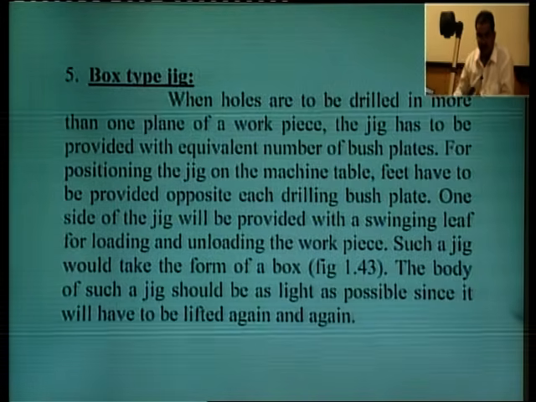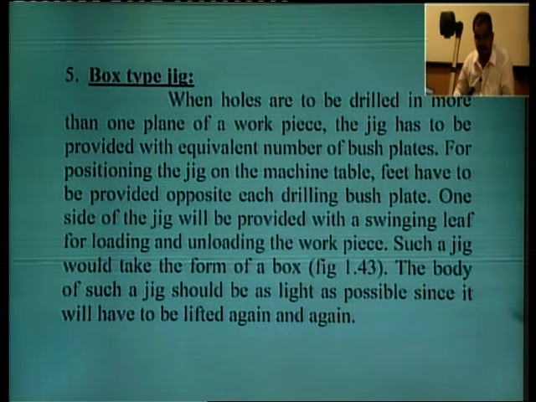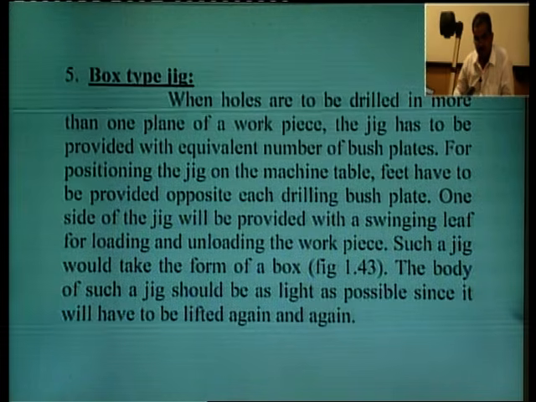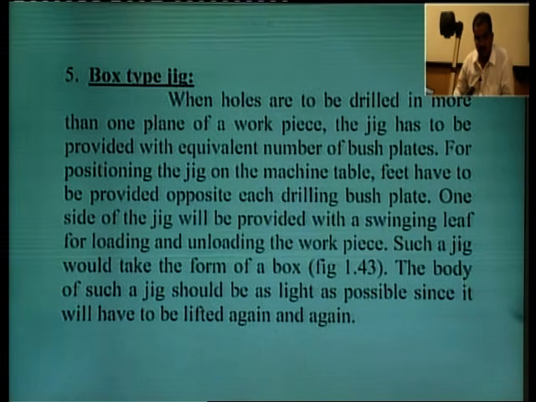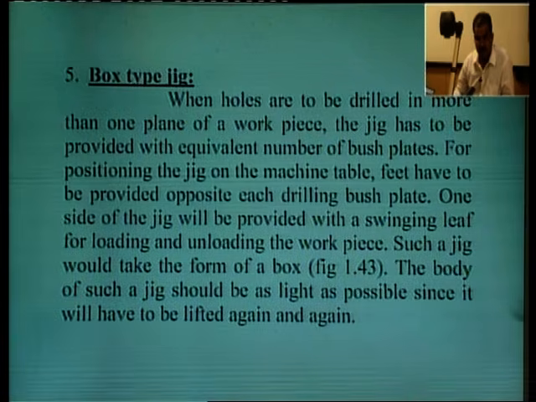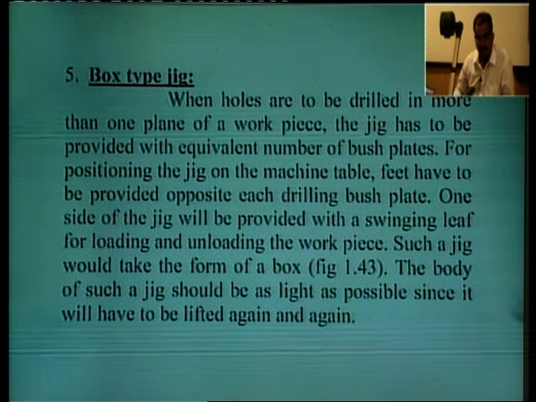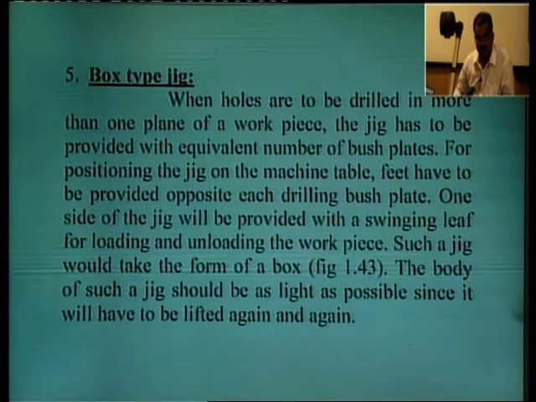Then comes the box type jig. When holes are to be drilled in more than one plane of a workpiece, the jig has to be provided with an equivalent number of bush plates. For positioning the jig on the machine table, feet have to be provided opposite each drilling bush plate.